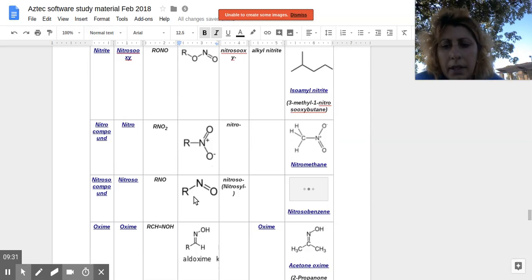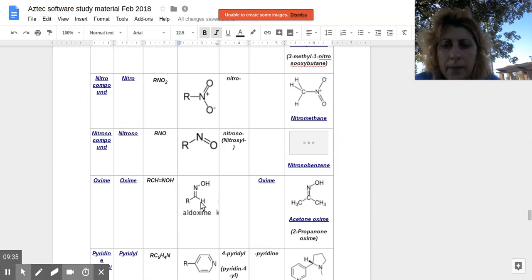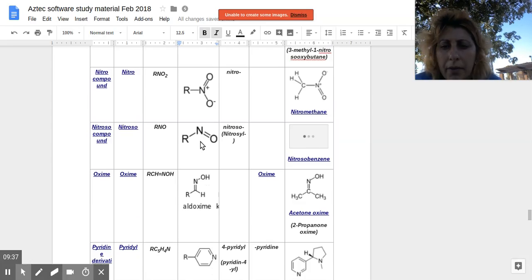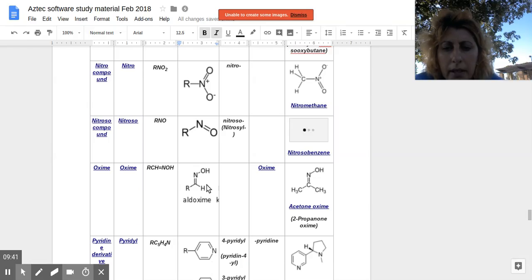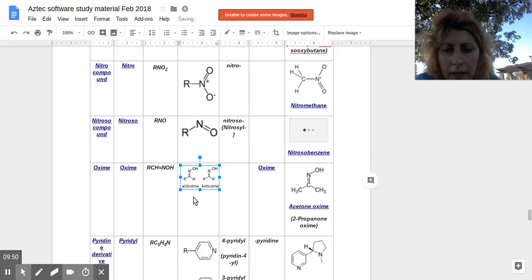Nitroso compound, nitrogen double bound oxygen, just one oxygen, and an R group off the nitrogen. Oxime, carbon double bound to nitrogen, and an OH group off the nitrogen, and either one R group or two R groups, which may be replaced by a hydrogen group.